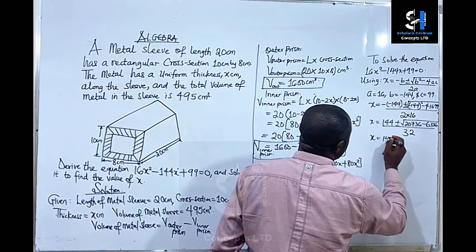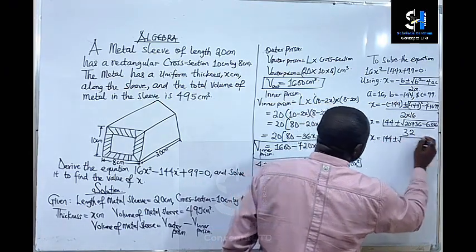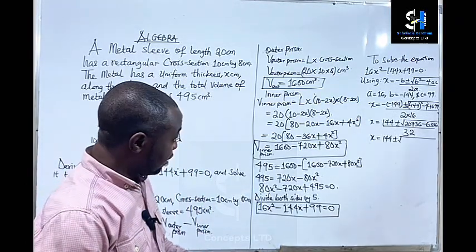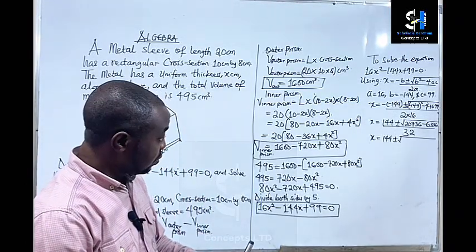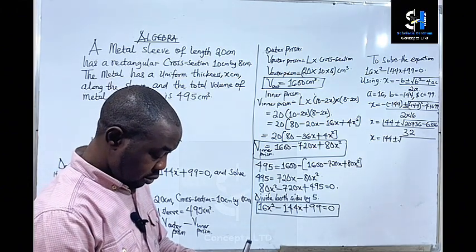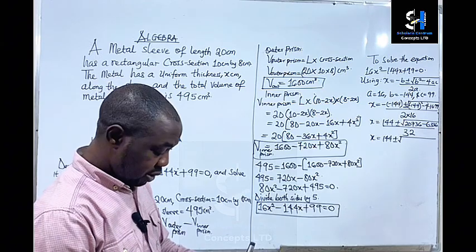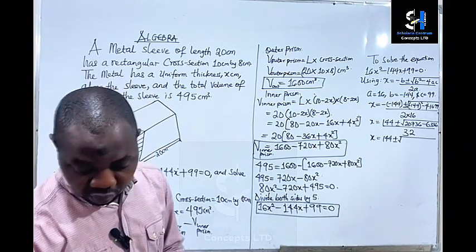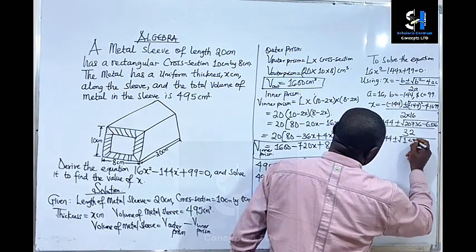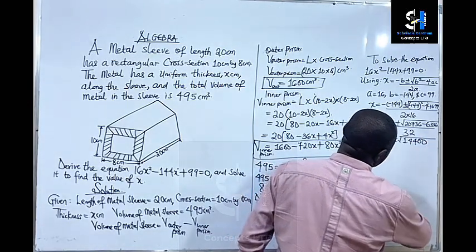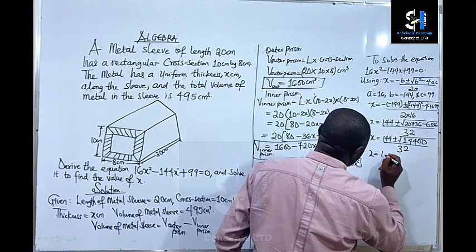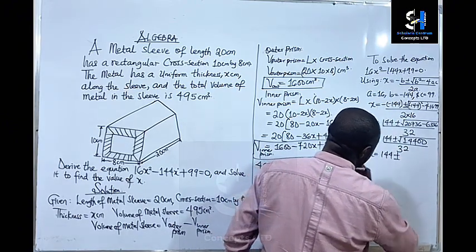So x will be 144 plus or minus the square root of 20736 minus 6336, that will be 14,400, all over 32.